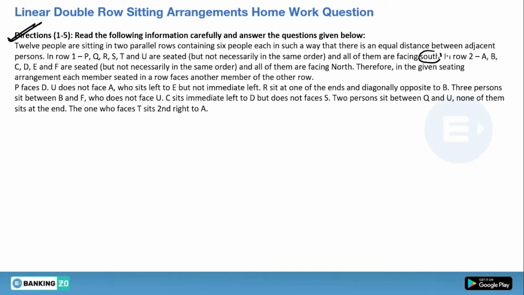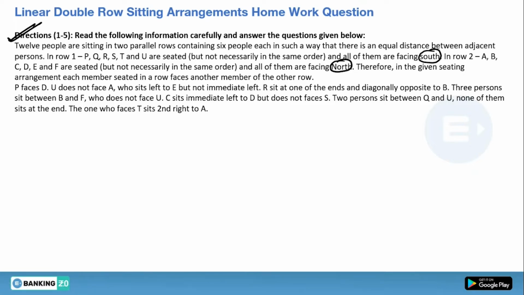In row 2, A, B, C, D, E, F are seated but not necessarily in the same order, and all of them are facing north. Therefore, in the given seating arrangement, each member seated in a row faces another member of the other row. So this question is from our double row sitting arrangements.